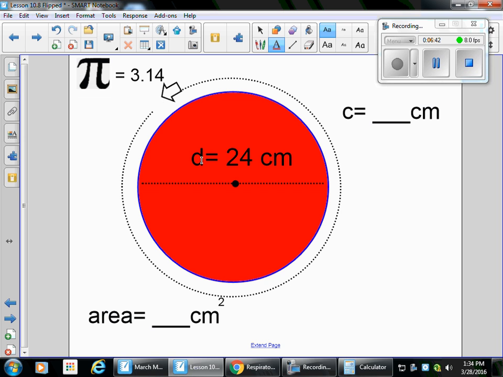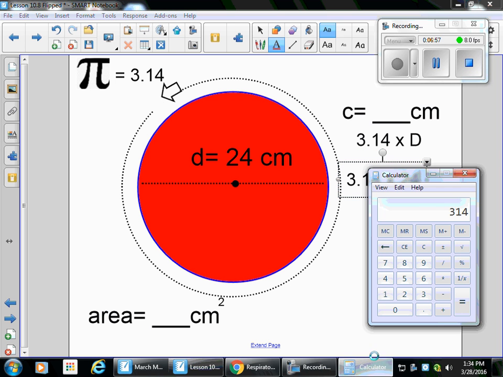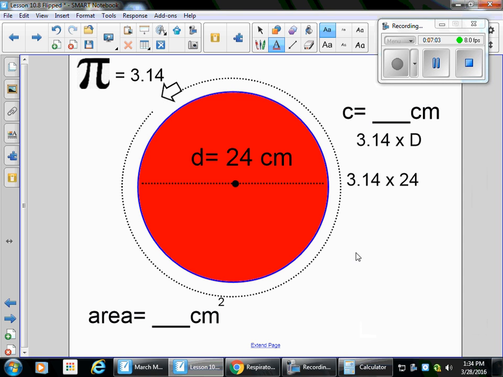My diameter, so we're back to diameter. So circumference is 3.14 times diameter. So in this case, it would be 3.14 times 24. 3.14 times 24 is 75.36, and that is my circumference.